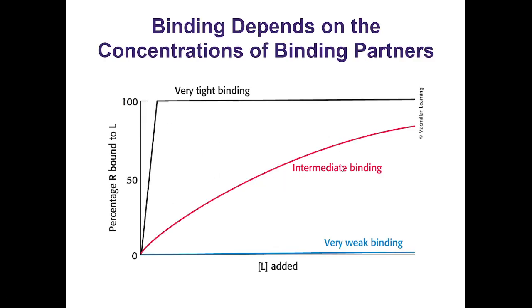Okay. So again, this is going to be talking about the binding. It is going to depend on the concentrations of your binding partners. And so there is the percentage bound to the ligand right here. If it goes up really fast and then it maxes out and you hit a steady state because you've maxed out your equilibrium, right? What that means is this is very tightly binding, okay?